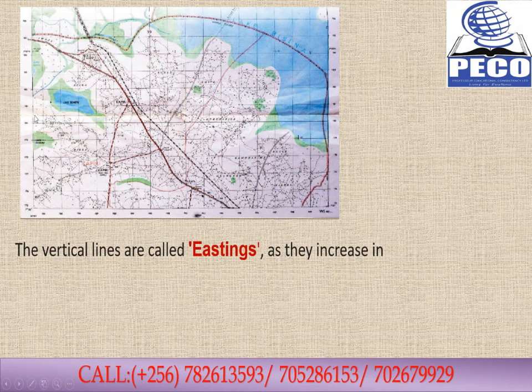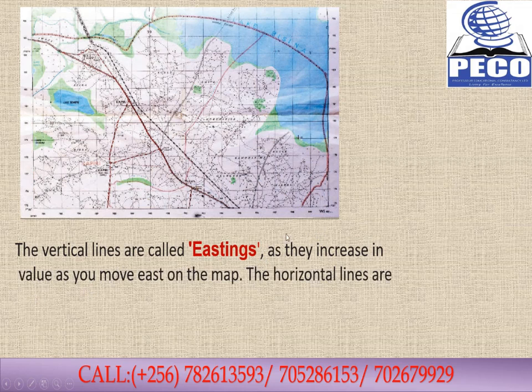Now we've said that these lines are both vertical and horizontal. The vertical lines are given a special name. They are called eastings. They are running from the north to the south, or from the south to the north, but they are called eastings. Reason? Because their values increase as one goes to the east.